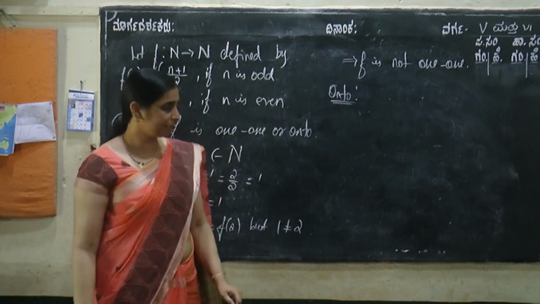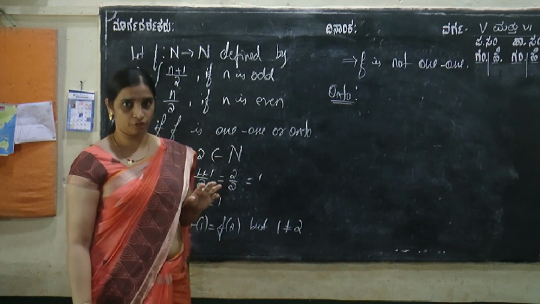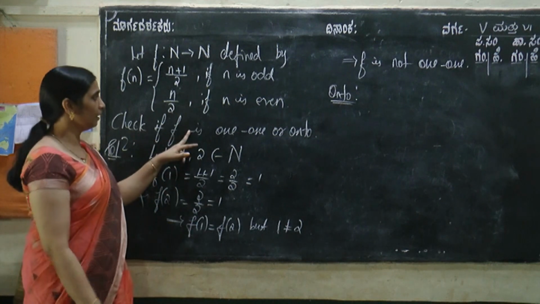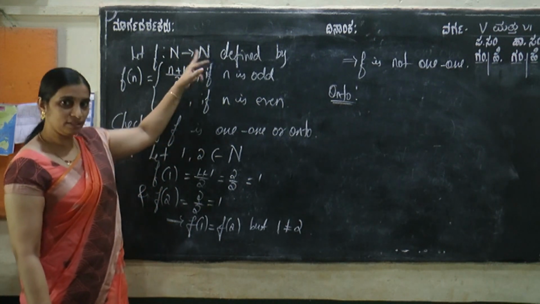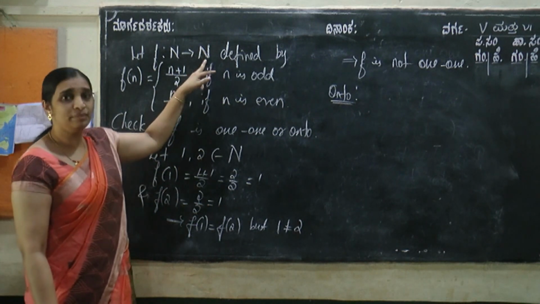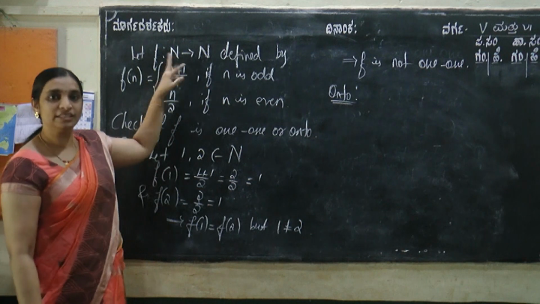The next condition is onto. How to check whether the function is onto or not? In this case we have to prove the codomain is equal to range, or in other words, the random element which we take in codomain has a pre-image in its domain.